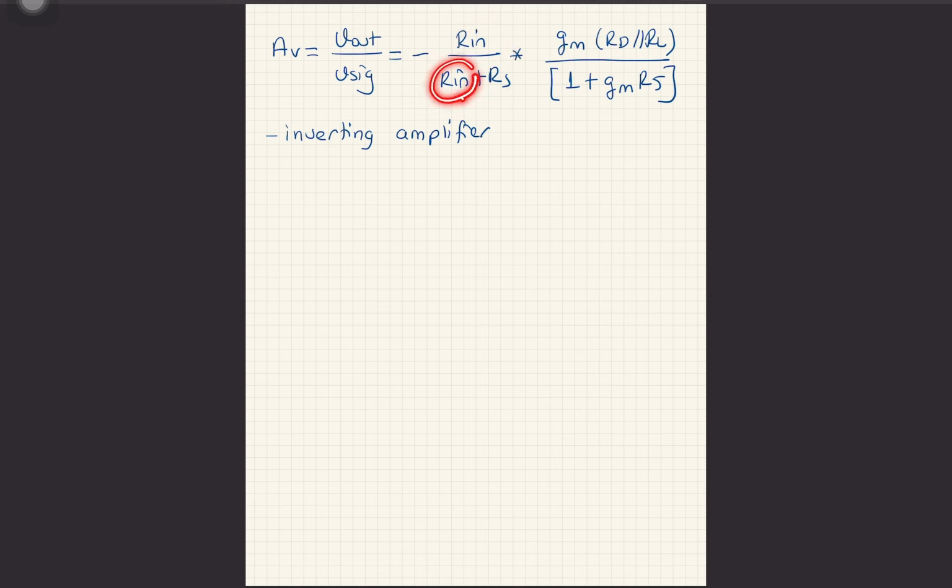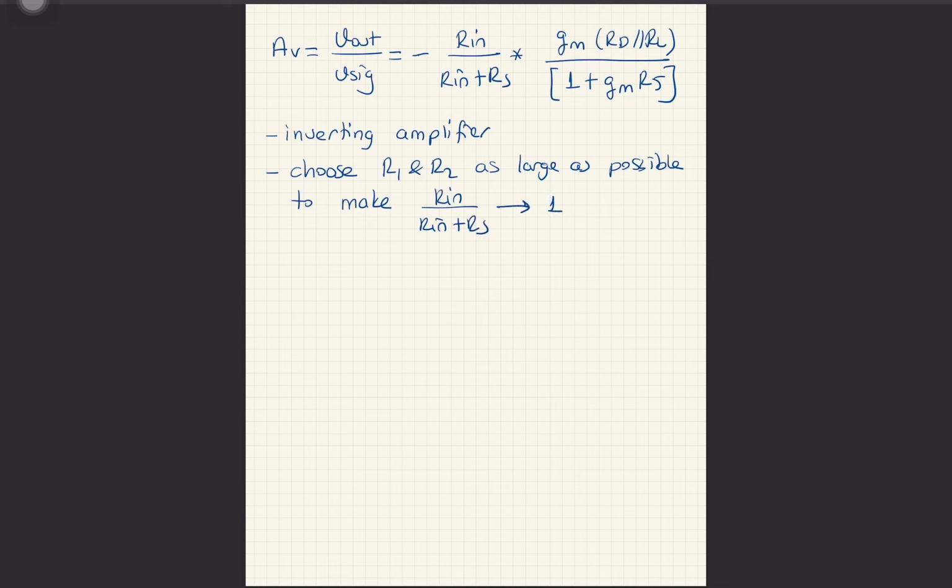You want to make Rin much larger than Rs. So choose R1 and R2 as large as possible to make Rin divided by Rin plus Rs close to 1.